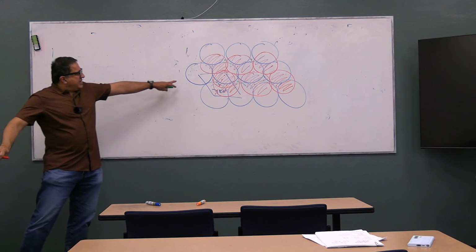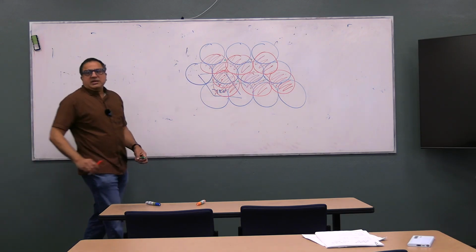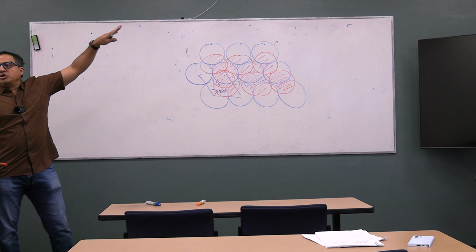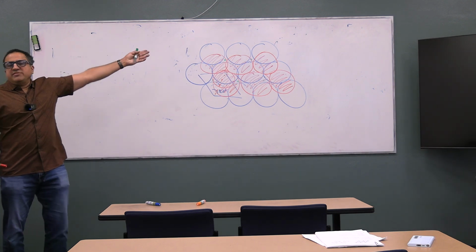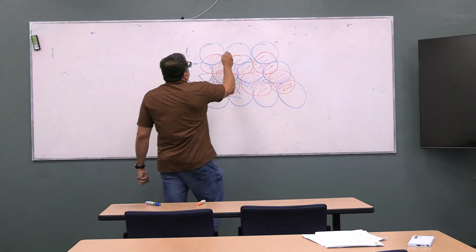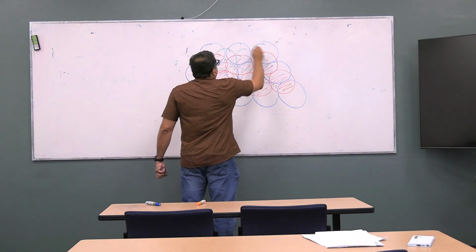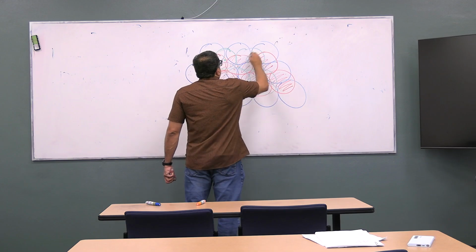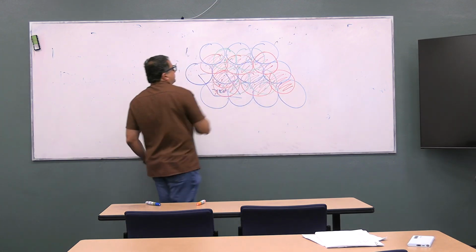So if we call this the A layer and we call this the B layer, we can now put a third layer on top. The third layer can go on top of the original. So then we'd say it's AB, AB, AB. Or the third layer can now go on top of these green circles. And this is a different position.